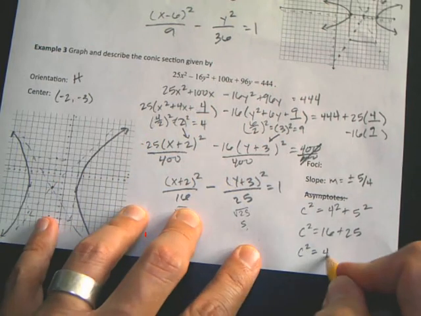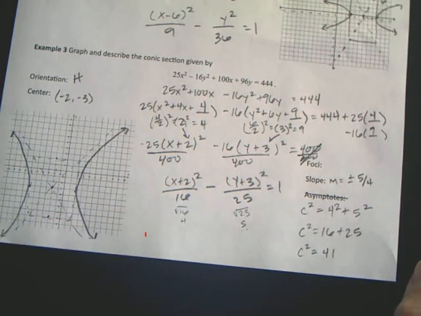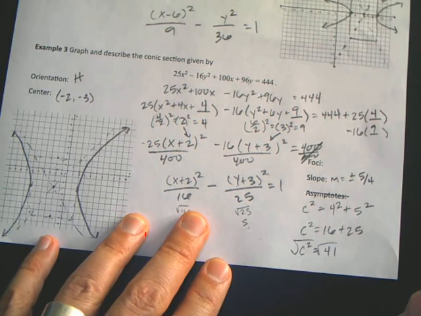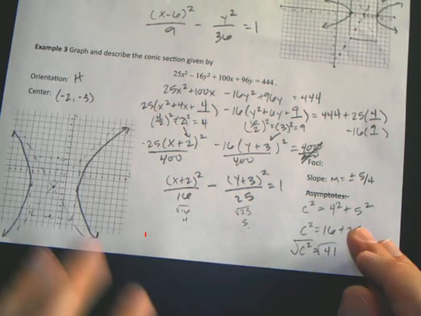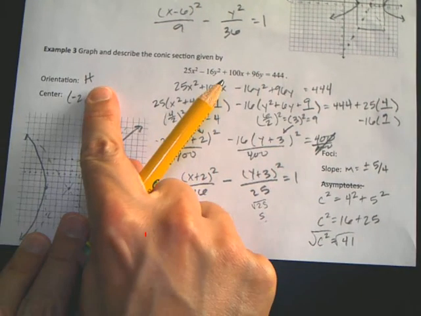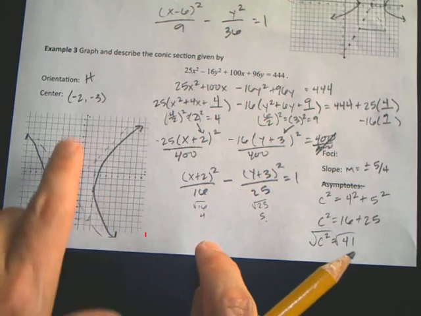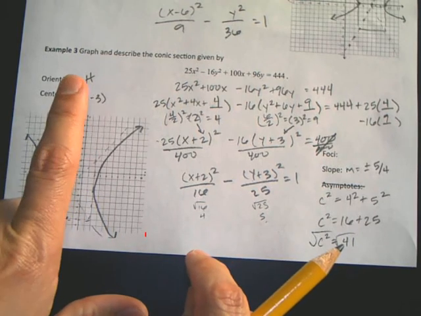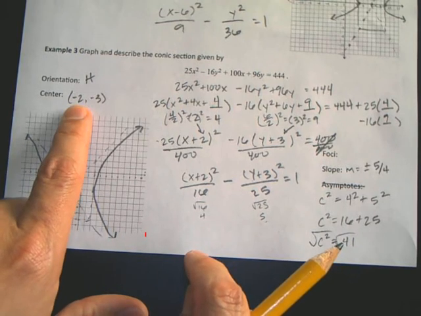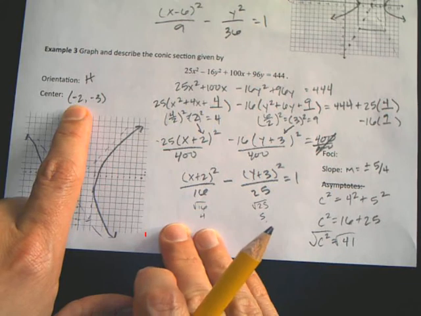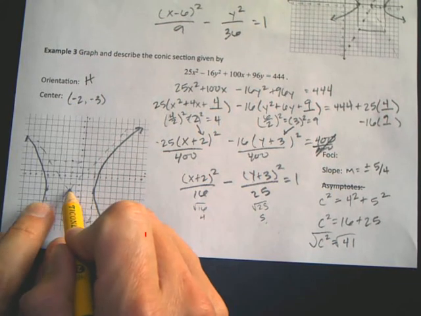But we do remember that because it's horizontal, we're going to add that to our center on the x value. So here we go, negative 2 plus the square root of 41.